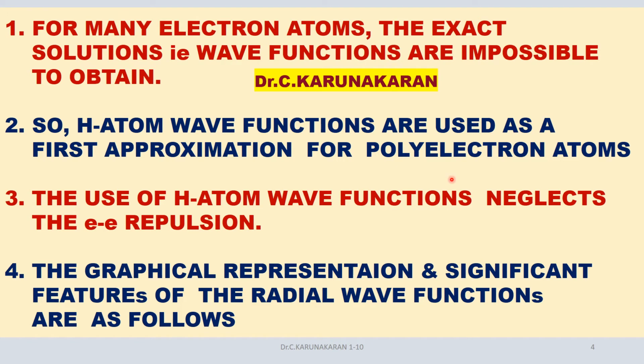Now the graphical representation of the radial wave functions. The radial wave functions are mathematical functions or mathematical equations, as we have seen in the previous slide. Therefore, they can be plotted. The significant features of the curves are given below.